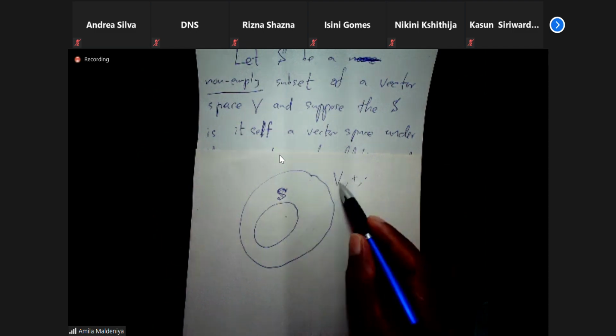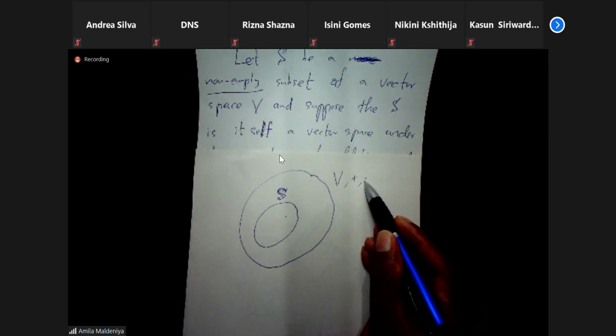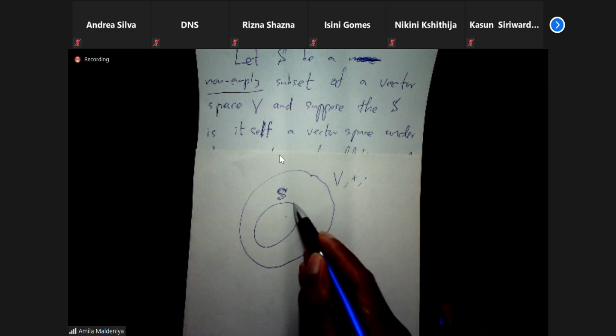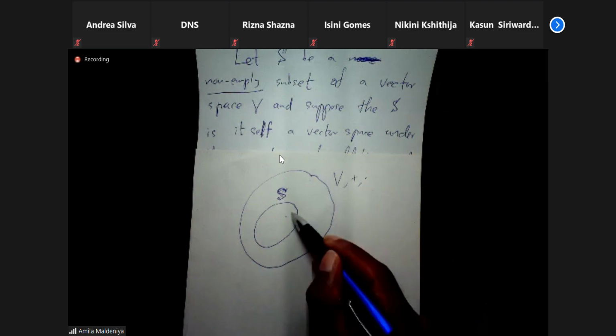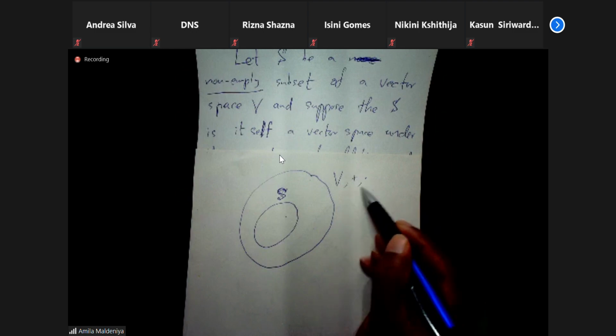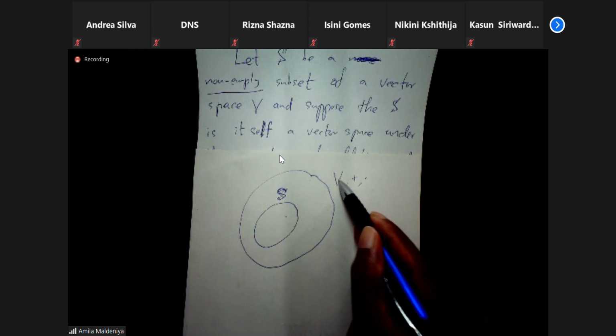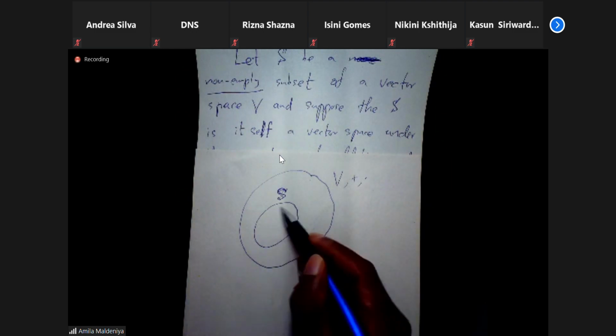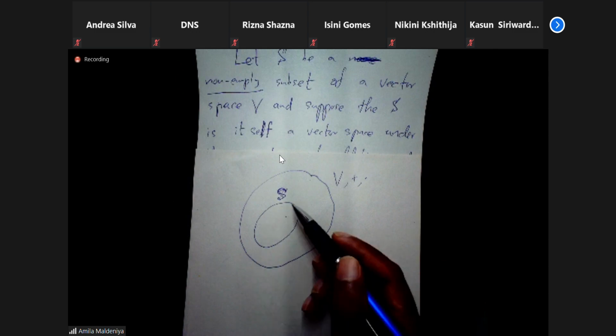Now V has an addition and scalar multiplication, and S is a subset of V. Therefore, the same addition and scalar multiplication defined on V, we can consider on S. So we don't need to define anything new.